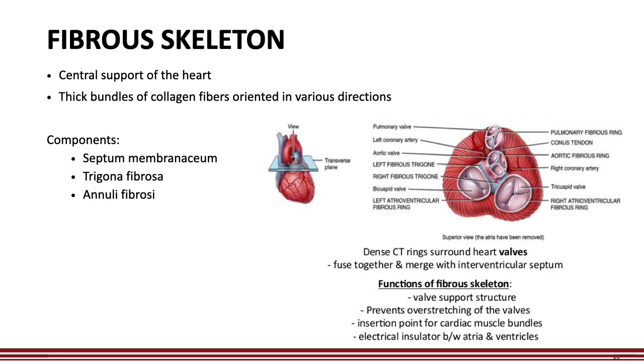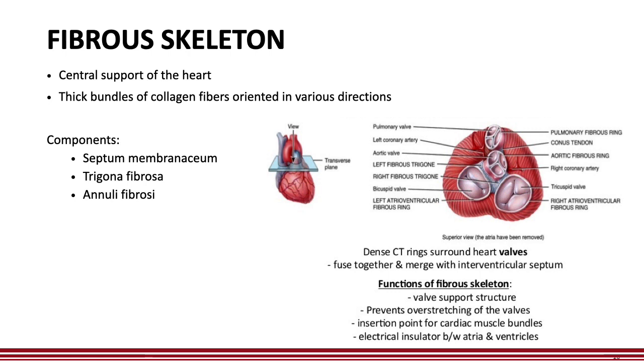The central support of the heart is provided for by the fibroskeleton. This is composed of thick bundles of collagen that is oriented in various directions. It is composed of the septum membranaceum, the trigona fibrosa, and the annuli fibrosi. Okay?